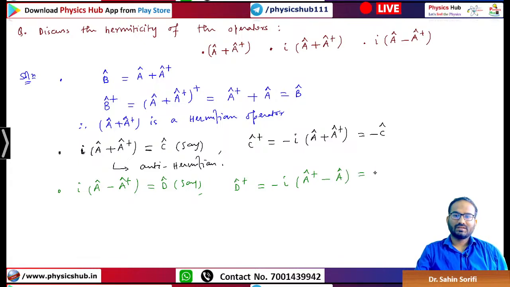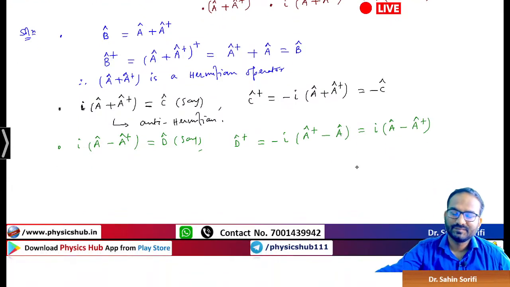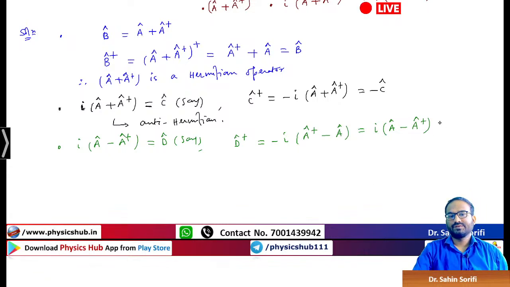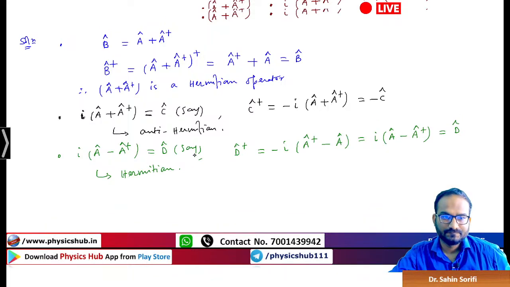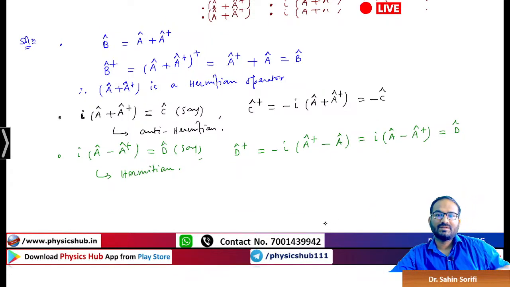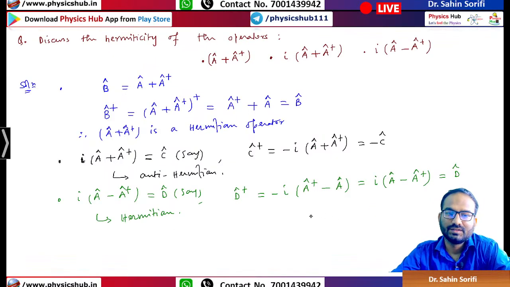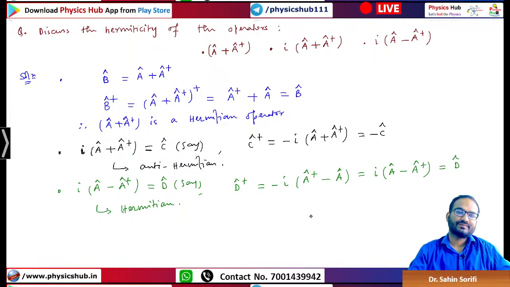So you can write it as i times (A minus A dagger). Can I write it? Yes. So this gives you back D. What does it mean? It means this is a Hermitian operator. First one is Hermitian, second one is anti-Hermitian, and third one is again Hermitian.